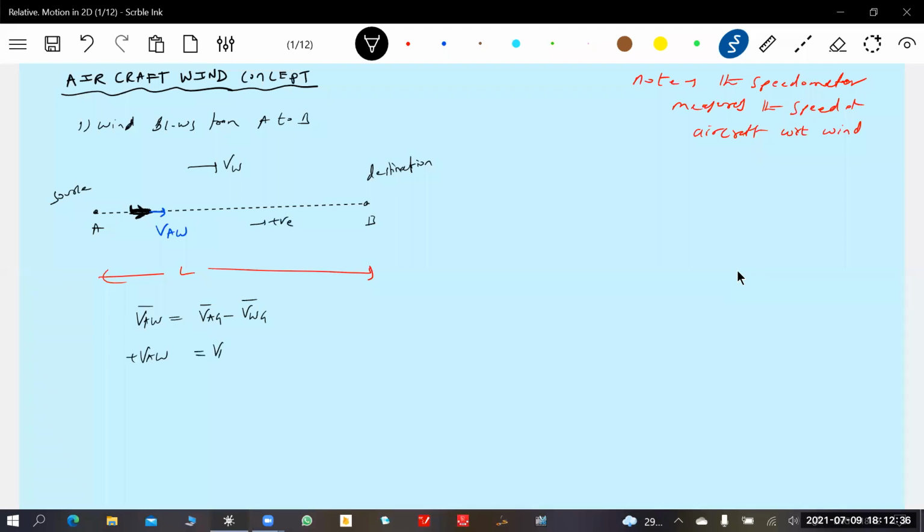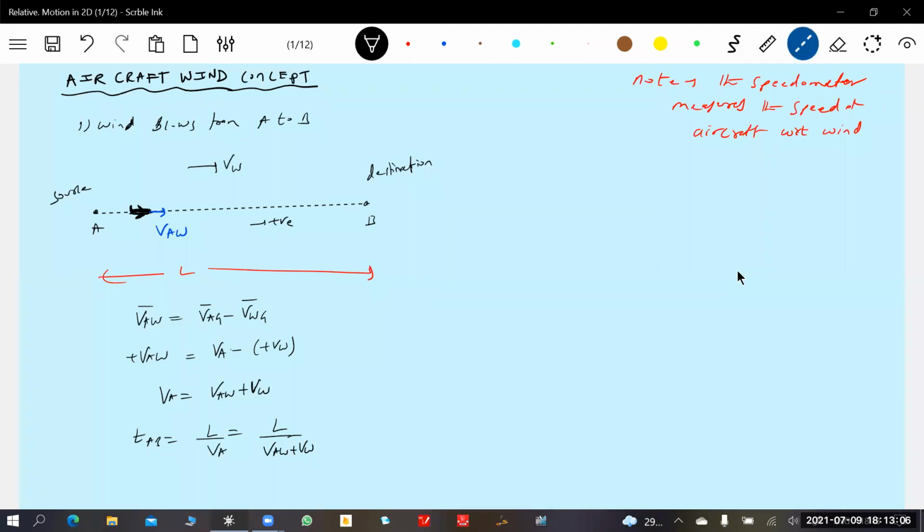Velocity of aircraft with respect to ground, I'm going to call just VA. This we don't know, leave it, and this is VW. So what is the time taken now to move from A to B? It should be equal to L by VA. That is the time taken by the aircraft to move from A to B.